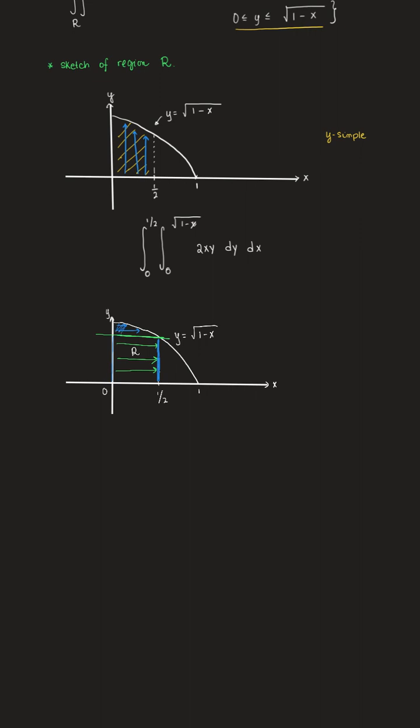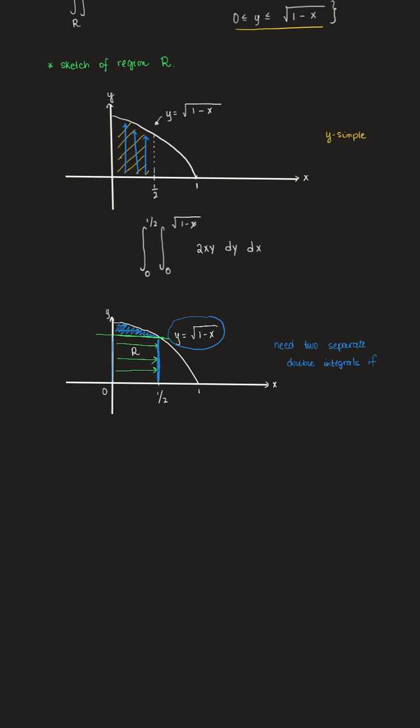But this part is going to be between 0 and this function solved in terms of x, which we can do. But that means that we would need two different integrals, two separate double integrals, in order to integrate with respect to x first.